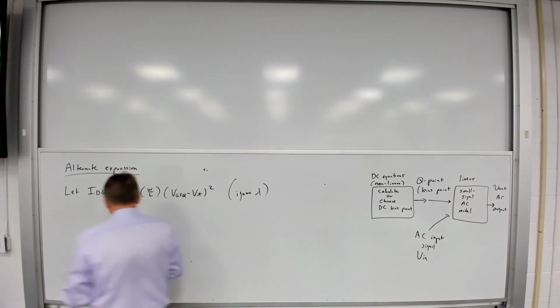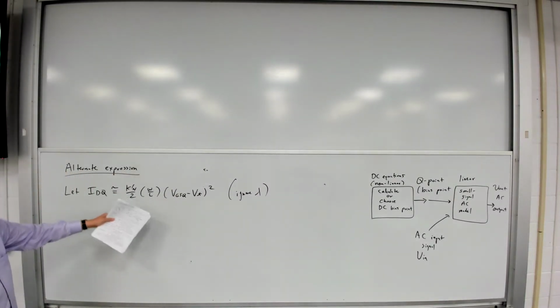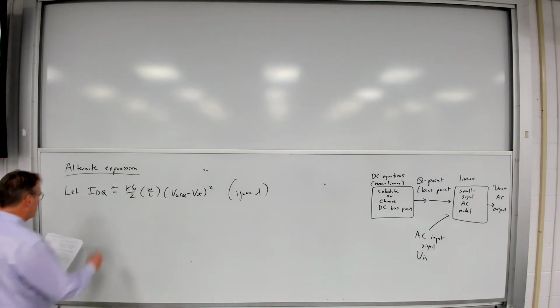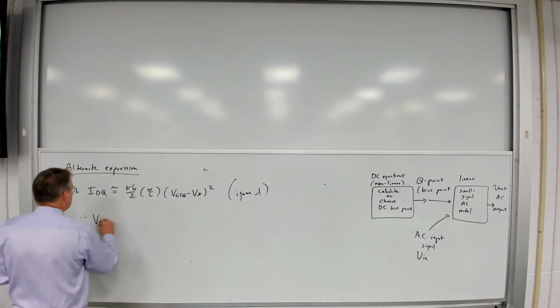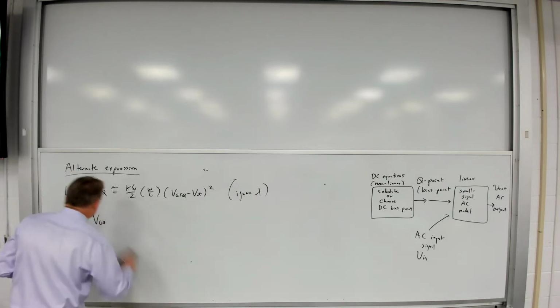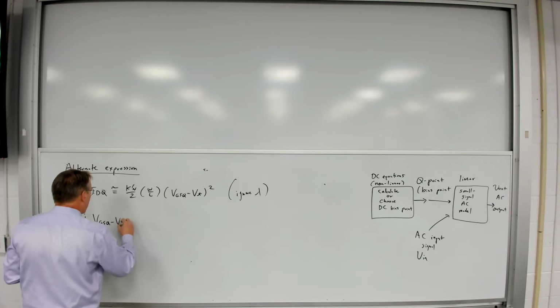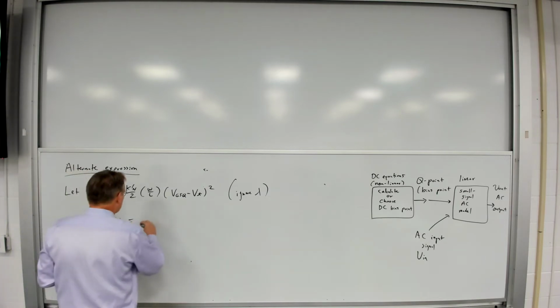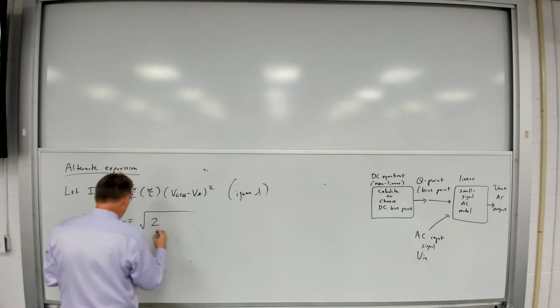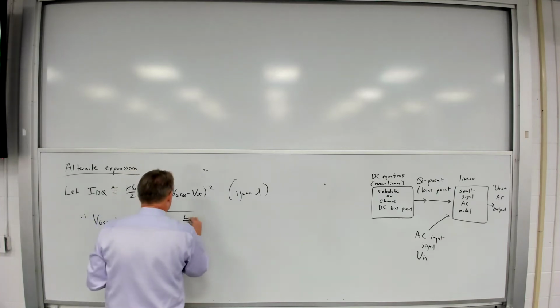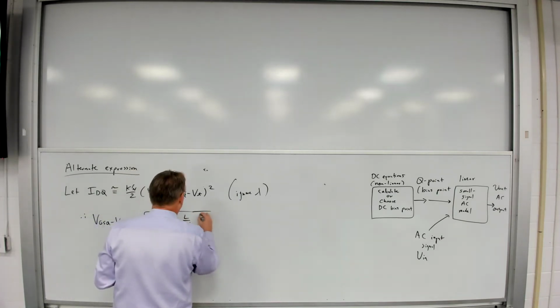If I do that, I'm going to do a little bit of math. I'm going to divide by these terms, and then take the square root. So VGSQ minus VT will be equal to the square root of 2 times IDQ times L over W times 1 over K prime N.